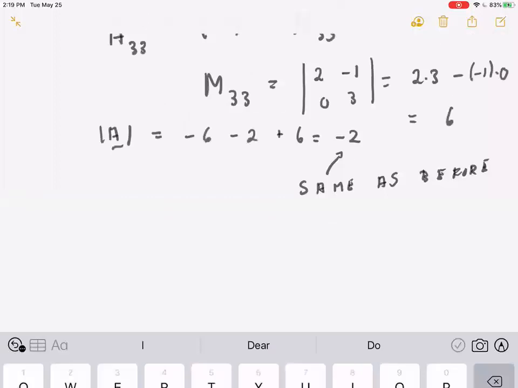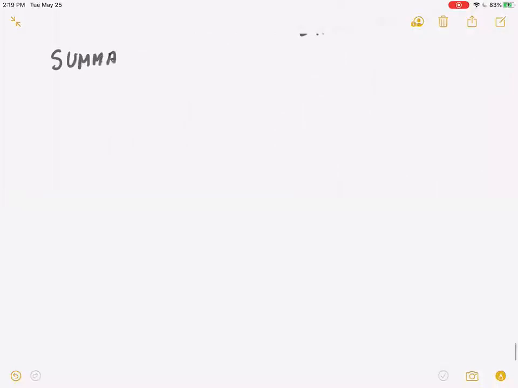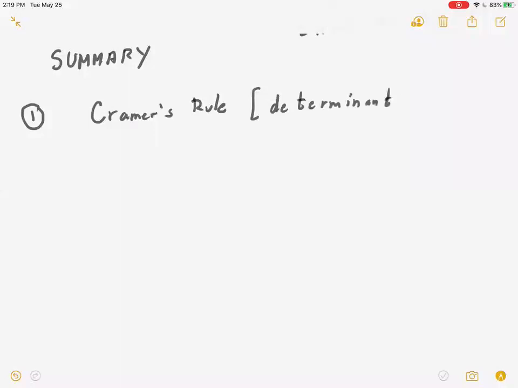Okay, so let's summarize. What's going on? If we want to solve a system of linear equations simultaneously, Cramer's Rule is the tool that we've developed. In developing and writing down Cramer's Rule, we discovered determinants.